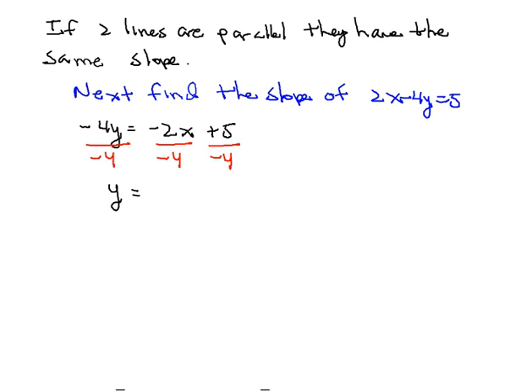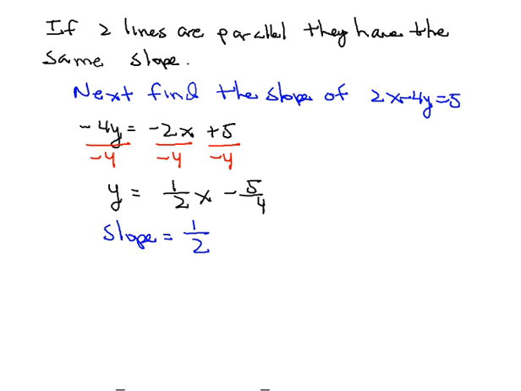And on the right hand side you can see that negative 2 divided by negative 4 will reduce to 1/2. So we have 1/2 x then minus 5/4. So then the slope of the blue line, or the 2x minus 4y equals 5, is 1/2, which also then becomes the slope of the green line, whose equation we would like to find.